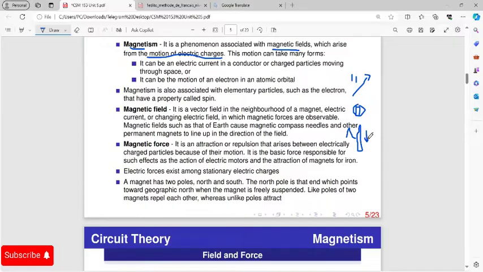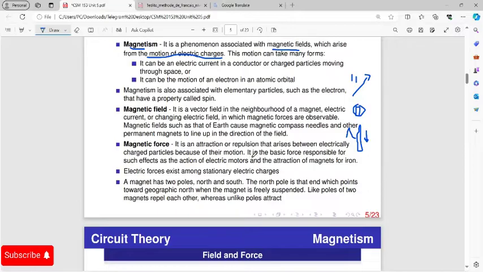Basically, any attraction or repulsion that is caused between electric charge particles because of the movement of electric charges, or the movement of electric particles, is what we call magnetic force.